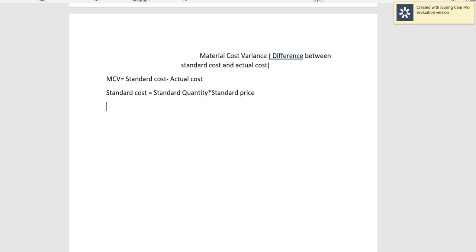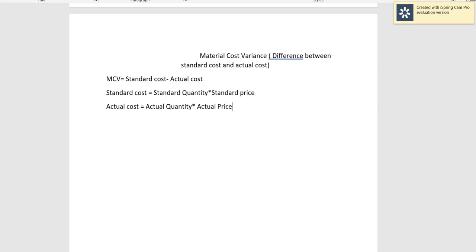In the same way, actual cost is equal to actual quantity into actual price.